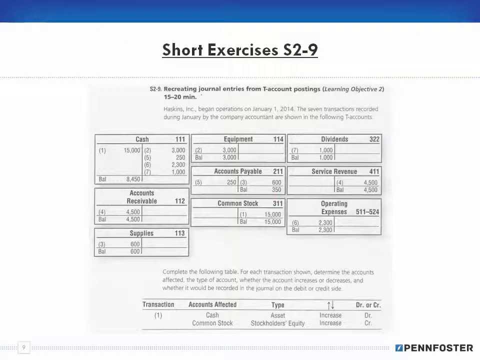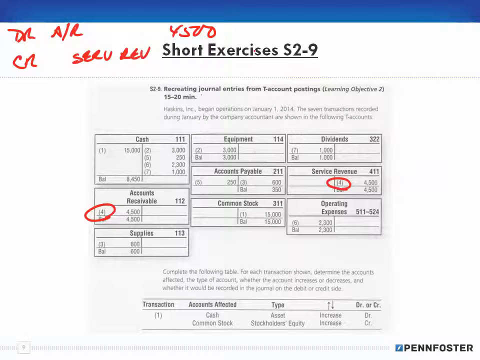Okay, 4. There's a 4 for receivable and 4 for revenue. So a debit to accounts receivable for $4,500 and a credit to service revenue for $4,500.